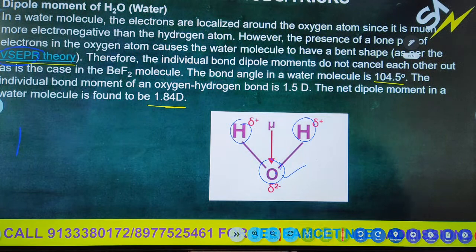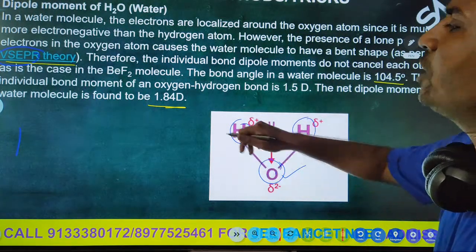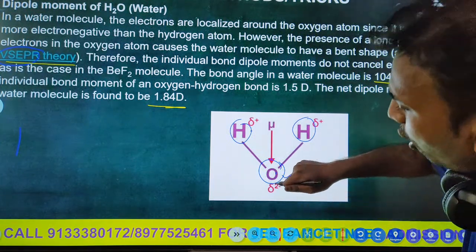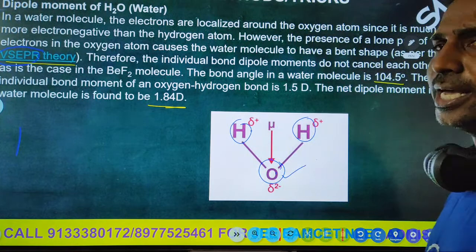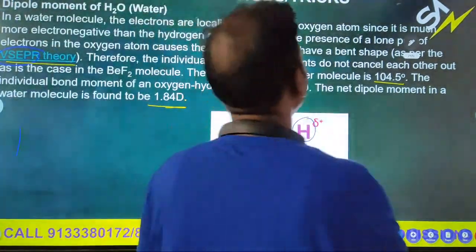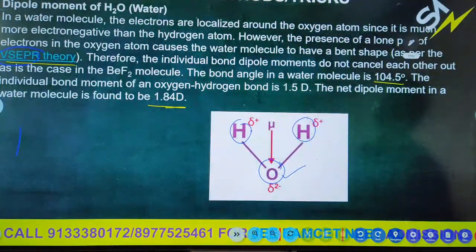If we see the individual bond moment, the oxygen-hydrogen bond has a dipole moment of 1.5 debye. This side 1.5 debye, this side 1.5 debye. Now we have to find the net dipole moment. The net dipole moment of the complete molecule is 1.84 debye.